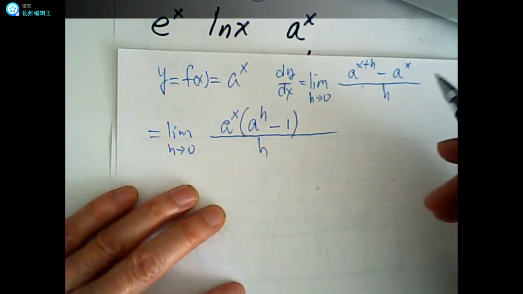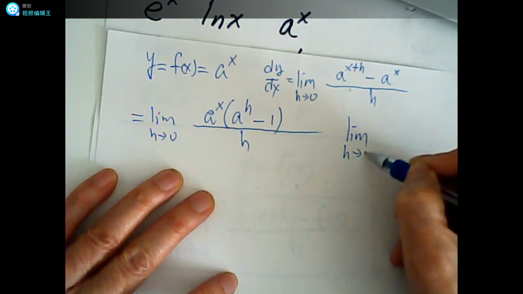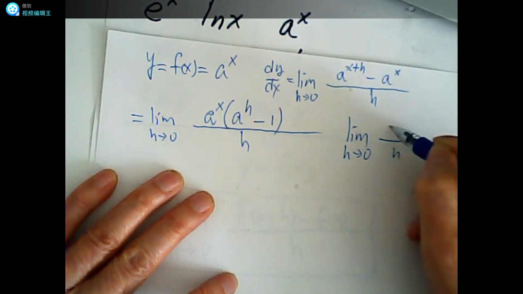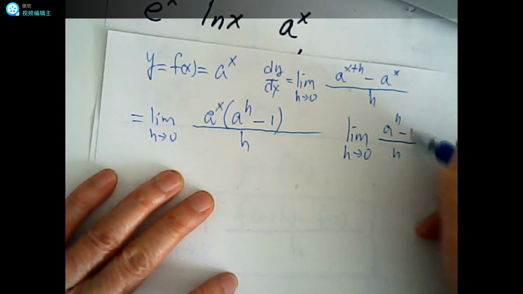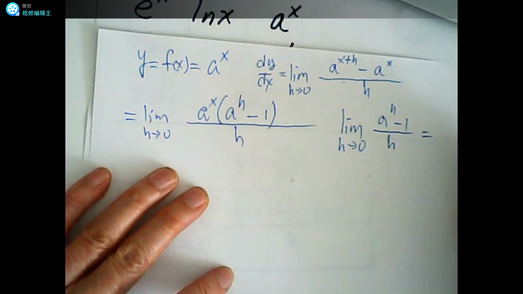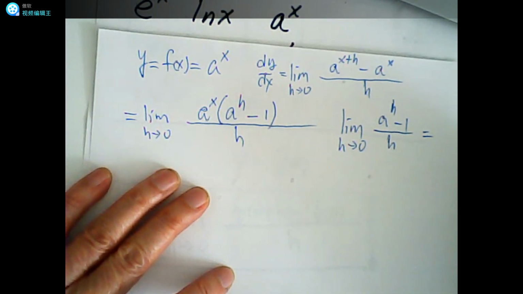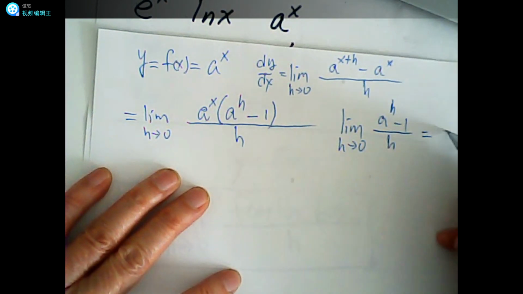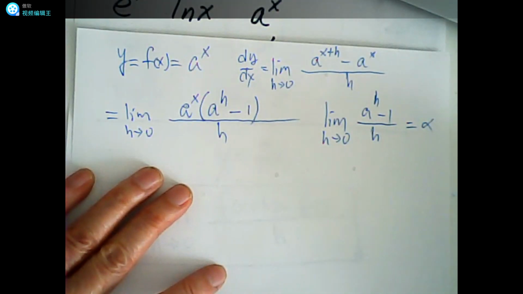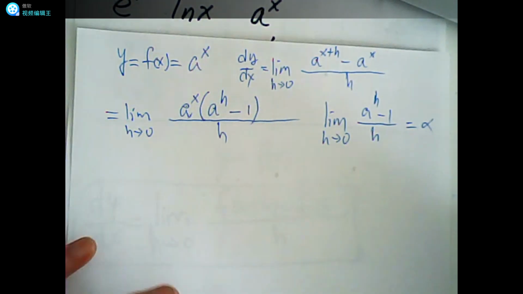We consider this limit as h goes to 0 of a to the h minus 1 over h. Say this is alpha. So we are looking for alpha, because this has nothing to do with h.